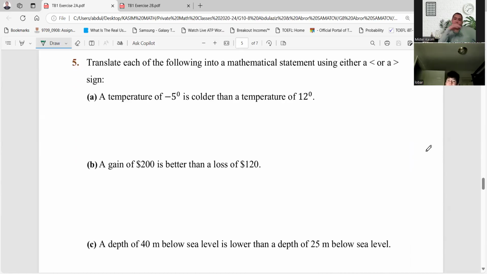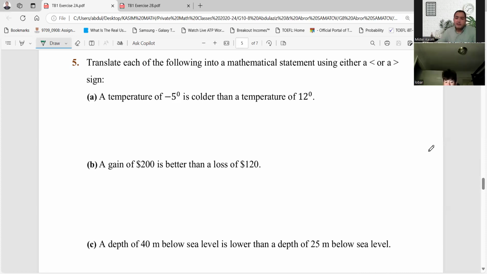Quick question 5. Translate each of the following into a mathematical statement using either a less than or a greater than sign.